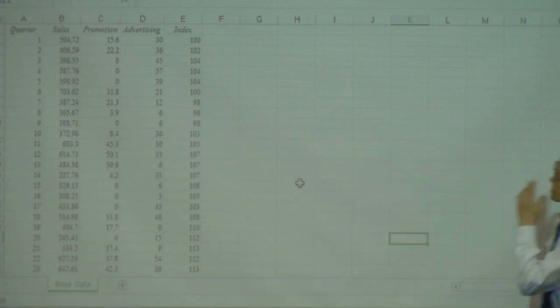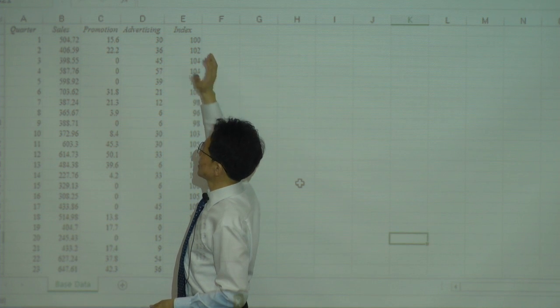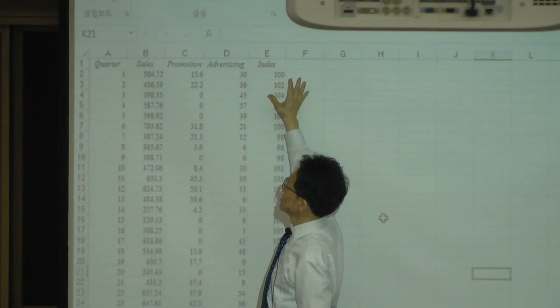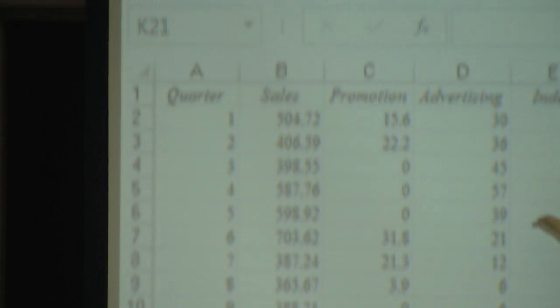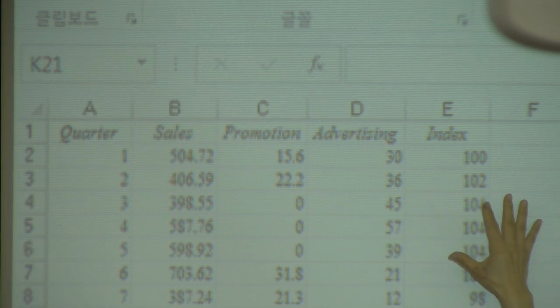Okay, and then I think that you also have this data. This data says that this is about a product which has some characteristics that are affected by some other variables.